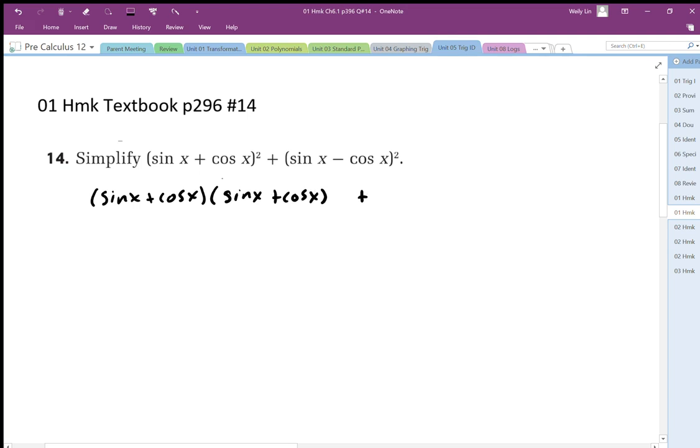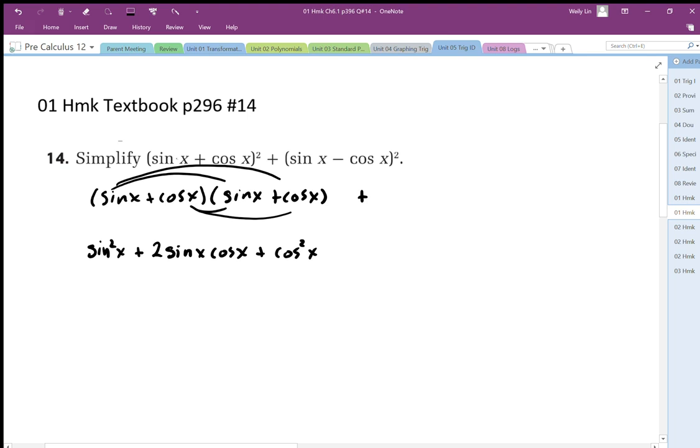Okay, so we're going to do our first, outside, inside, last. So we end up with sine squared x plus sine x cos x plus sine x cos x, which gives us 2 sine x cos x's. And then last is going to be plus cos squared x.